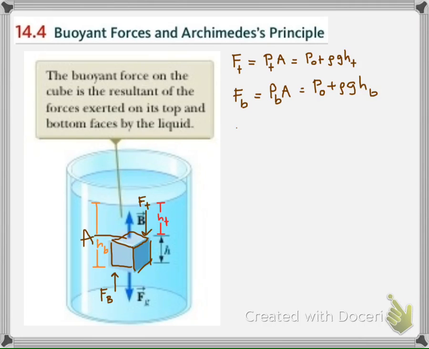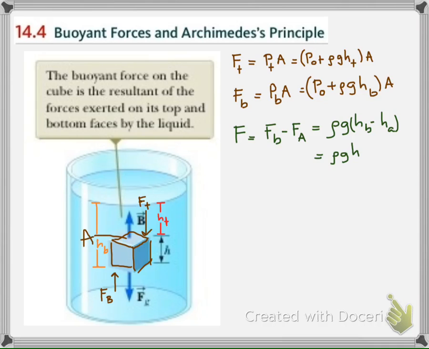So the total vertical force F is equal to F bottom minus F top, which is equal to rho G HB A minus rho G HT A. Sorry, we missed one term, we should have A here, and A here. So we have rho G (HB minus HT) A.